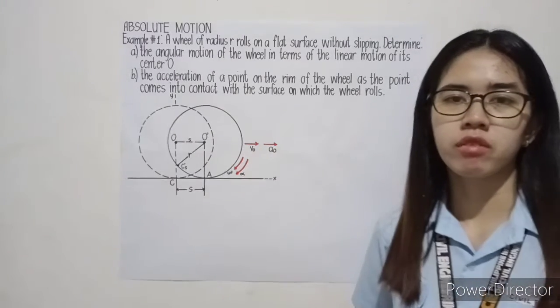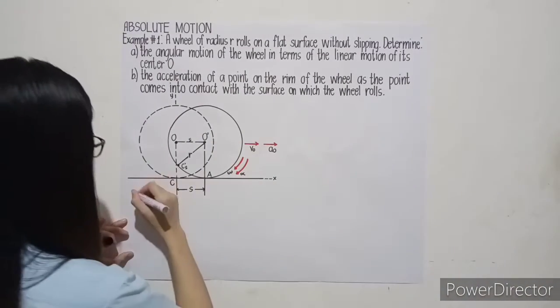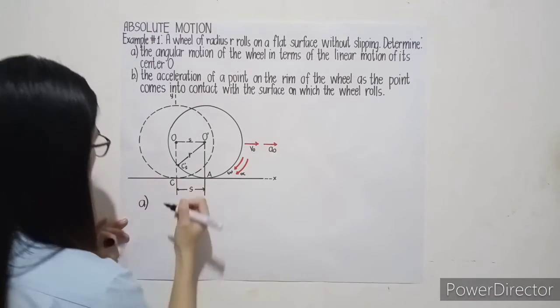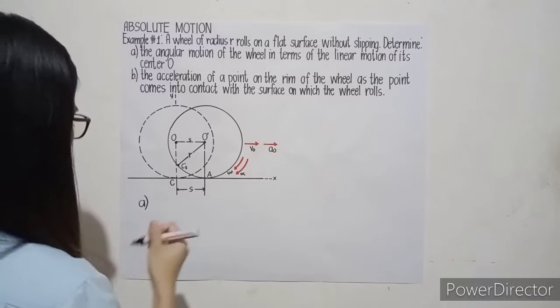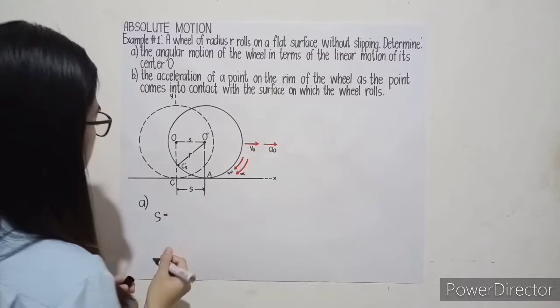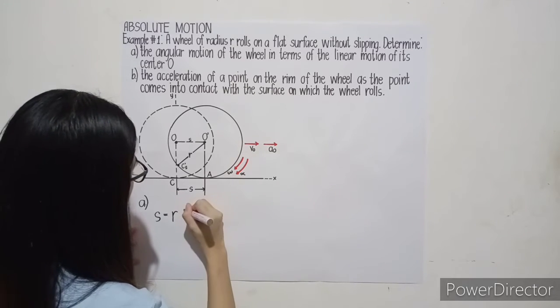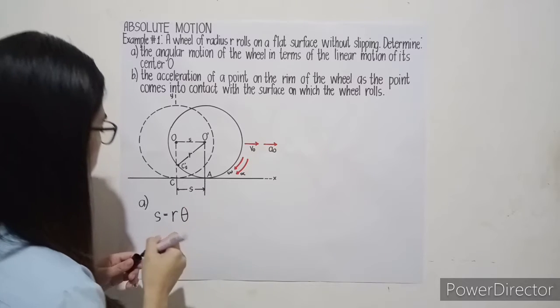So, first, for letter A, we have a position s, and this is also equal to our radius and theta.